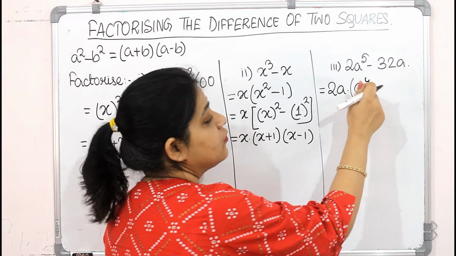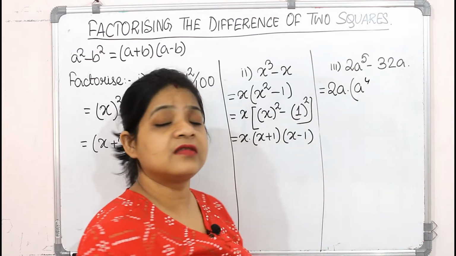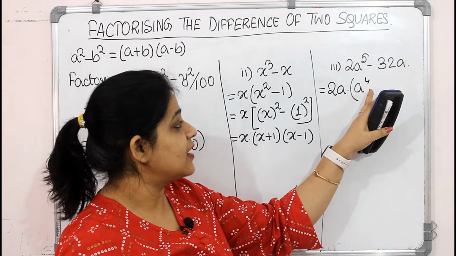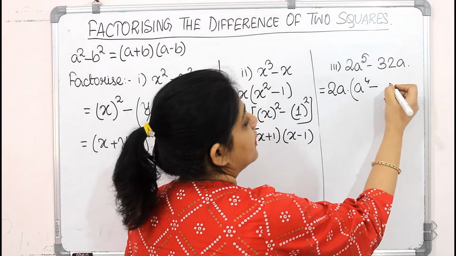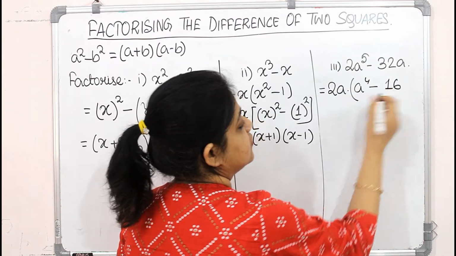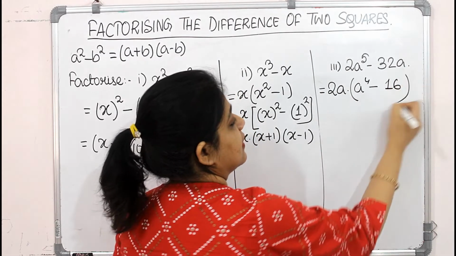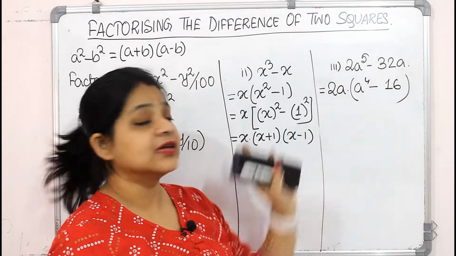So a into a gives a to the power of 1 plus 4, since a is the common base. We can write it as a to the power of 4 minus 16, because 16 into 2 is 32, so 2a into 16 is 32a.